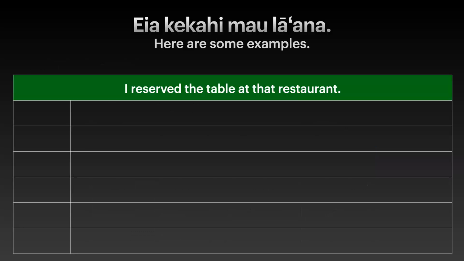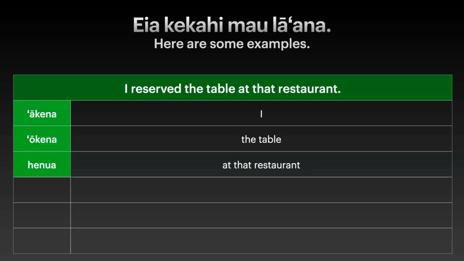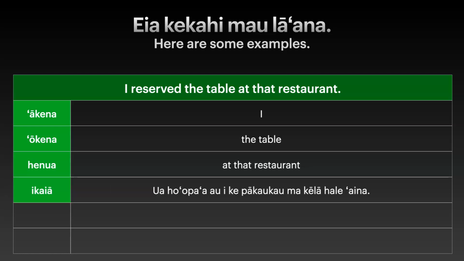Okay, so I reserved the table at the restaurant. The ʻAkena is I. The ʻōkena is the table. We have a location phrase, that restaurant. So the ʻIkaiā, with the hamani: ua ho'opa'a I ke pākaukau ma ke la hale aina.